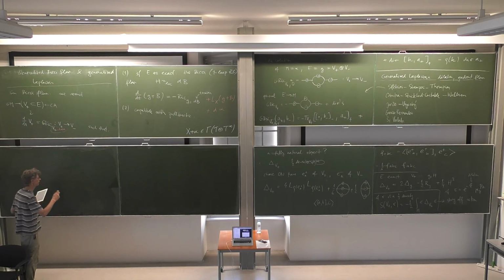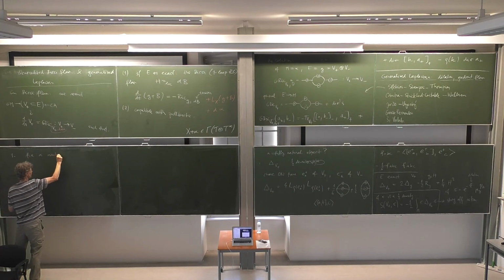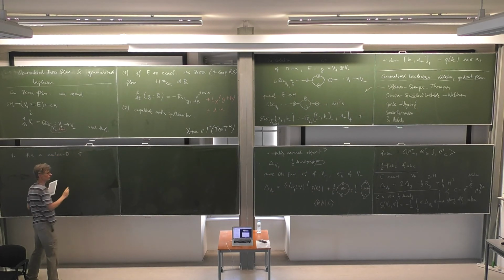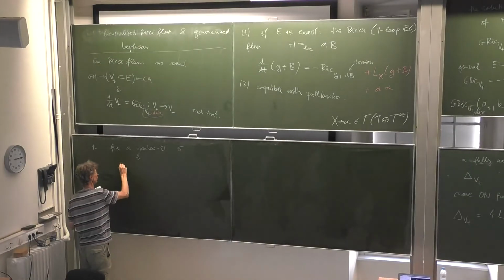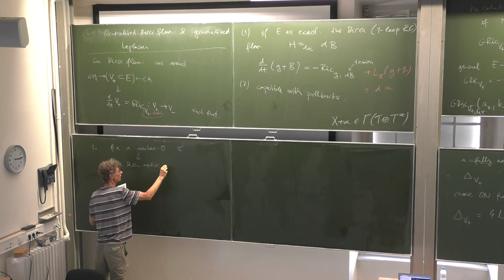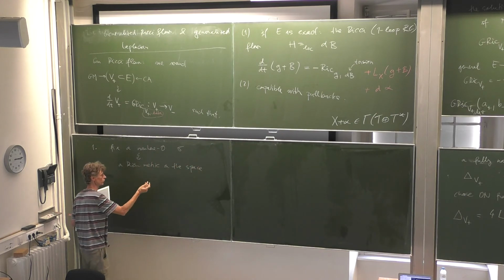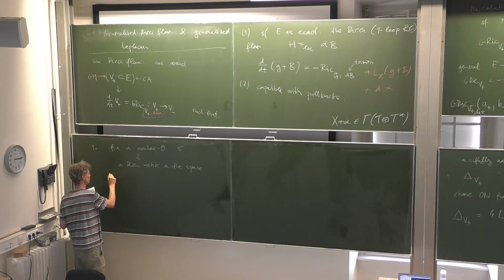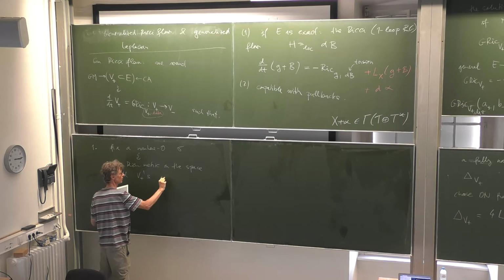So first of all, if we fix a nowhere zero half density sigma, this will give us a Riemannian metric on the space of all generalized metrics, on the space of all V pluses in E.